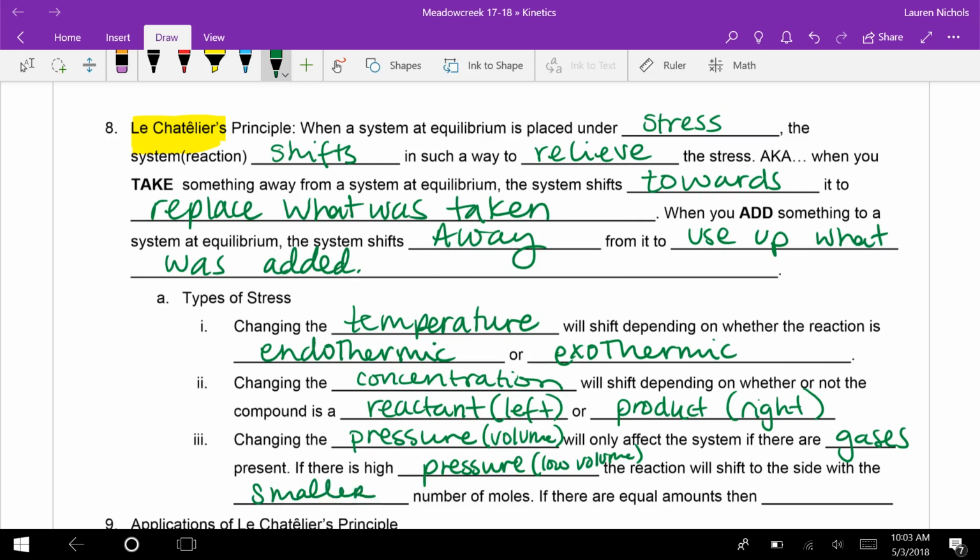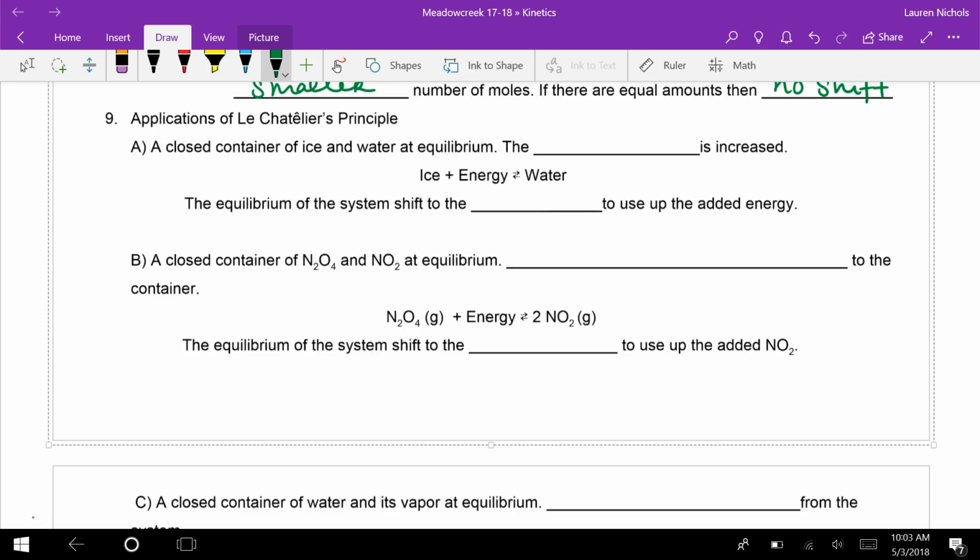So think about high pressure, small space, small number of moles, low pressure, big space, high number of moles. And if there are equal amounts of moles of gas on both sides of the equation, then there will be no shift or change.